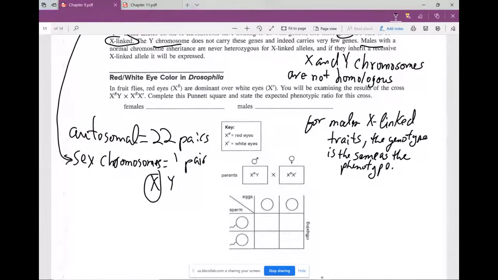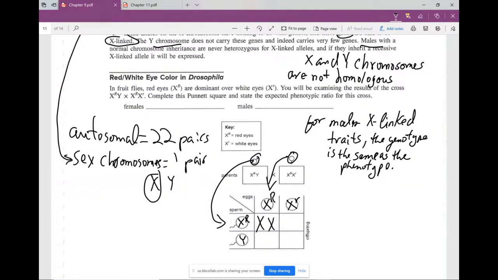All right. So in this case, let's do the sperm, the male, right there: X, big R, and Y. And for the female, big X, big R, and big X, little r. So what are going to be the expected ratios of the offspring?